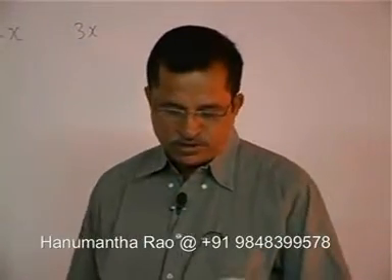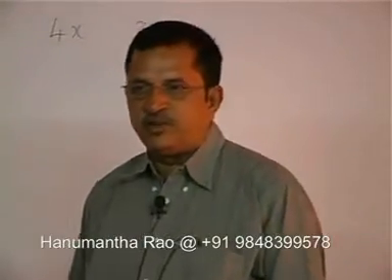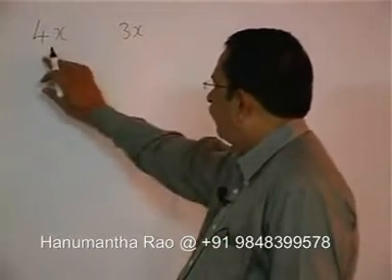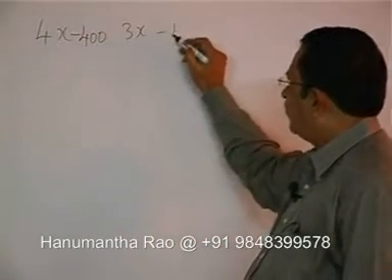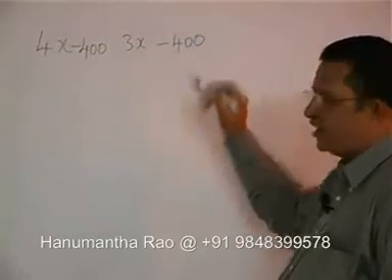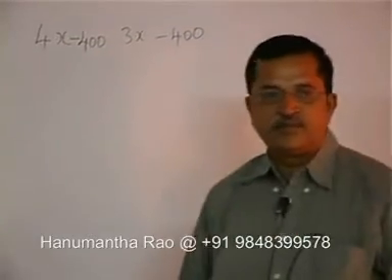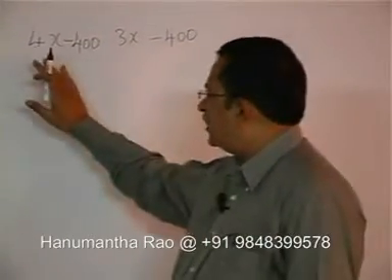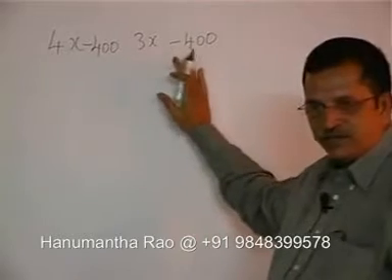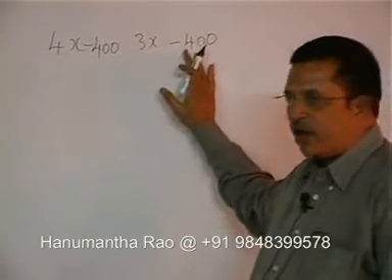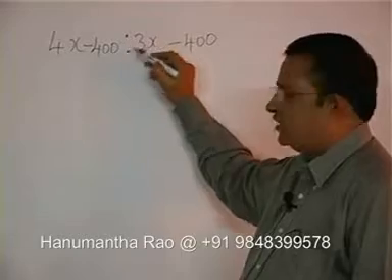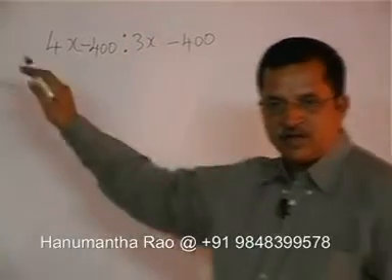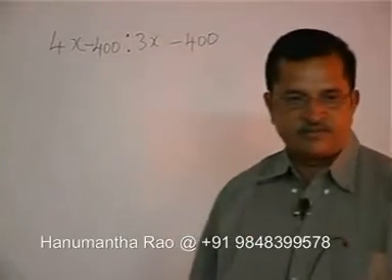Both save rupees 400, so from 4x the saving 400 is subtracted, and from 3x the saving 400 is subtracted. Income minus saving means expenditure.